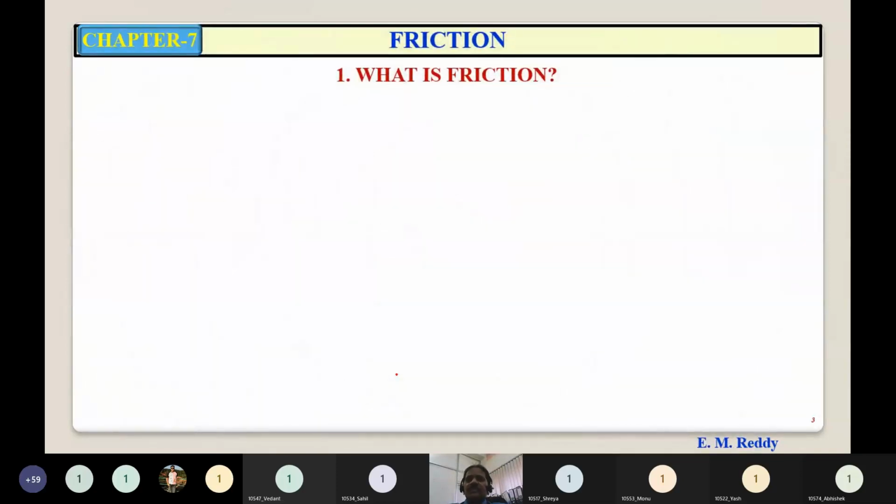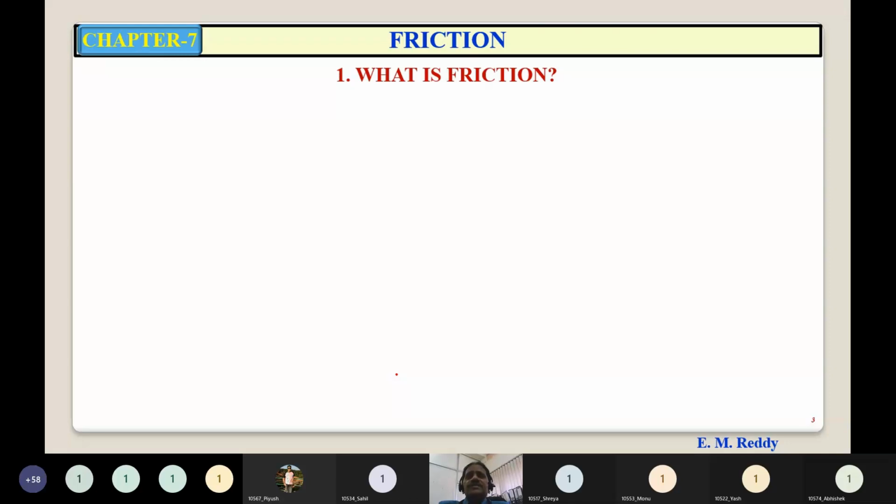So this friction topic, I hope you have studied. Everybody knows the basic things about friction. Can anyone tell me what do you mean by friction? Anybody? Friction is the force which opposes the motion of the body, right?